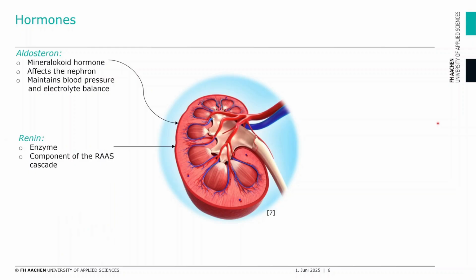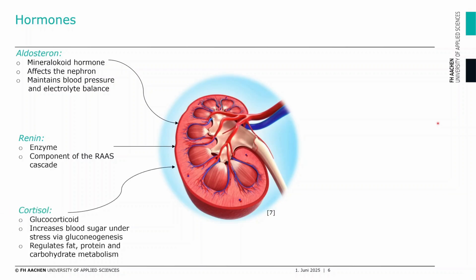Renin is an enzyme. It is a key component of the RAAS cascade and helps to regulate blood volume and maintain the acid-base balance. Cortisol is a glucocorticoid. It increases blood sugar via gluconeogenesis during stress. It also helps to regulate fat, protein, and carbohydrate metabolism.